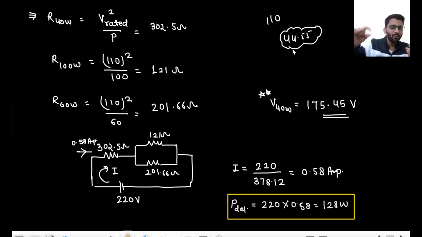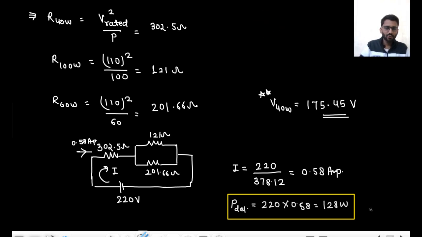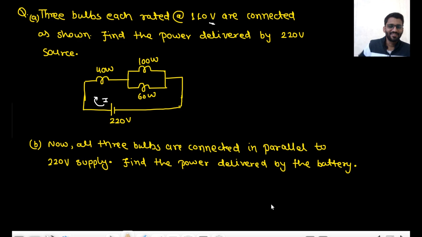From there, I can get to know whatever the voltage the bulb is having. So this bulb was having this much voltage and these two bulbs were having this much voltage. So this may burn out and these will give very dim light. Okay, so this was the total concept. To solve the problem, this was the method, but I wanted to teach you the concept here.